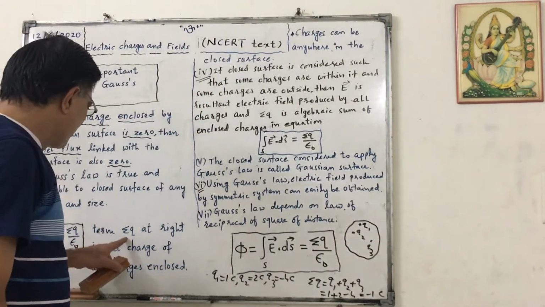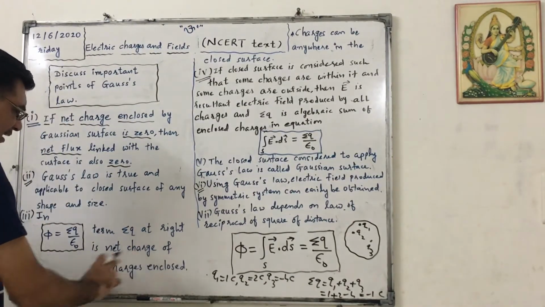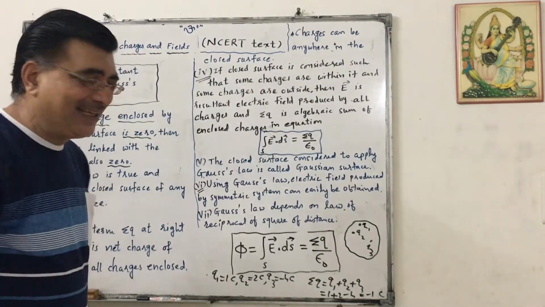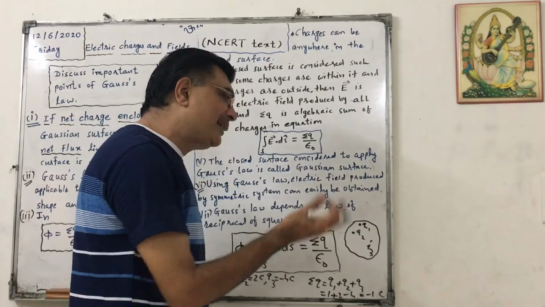So the term sigma q on the right of the equation is the net charge of all charges enclosed. Moreover, these charges can be anywhere inside the surface.